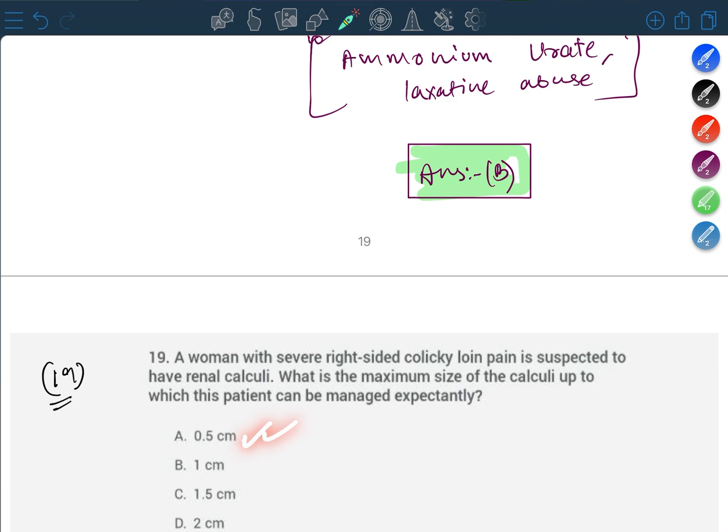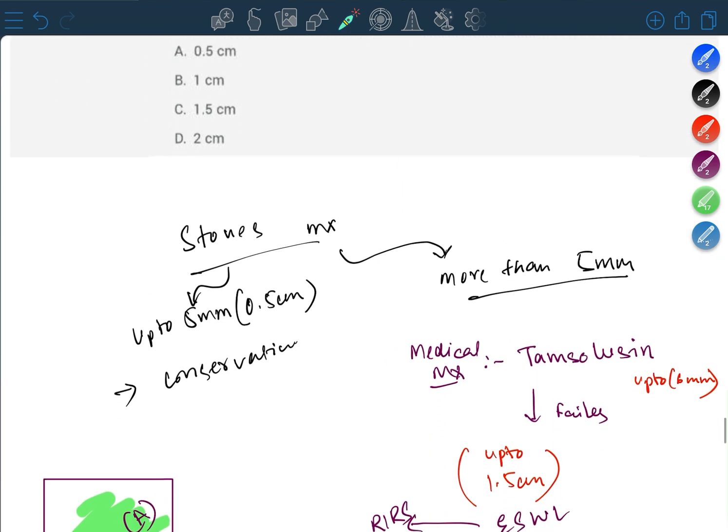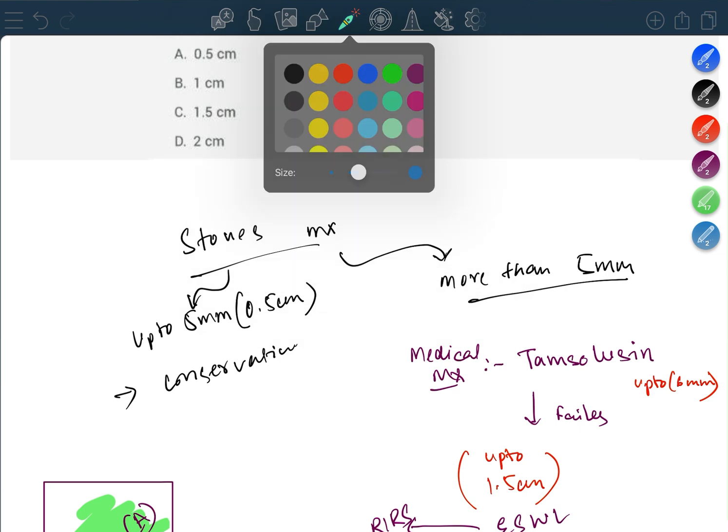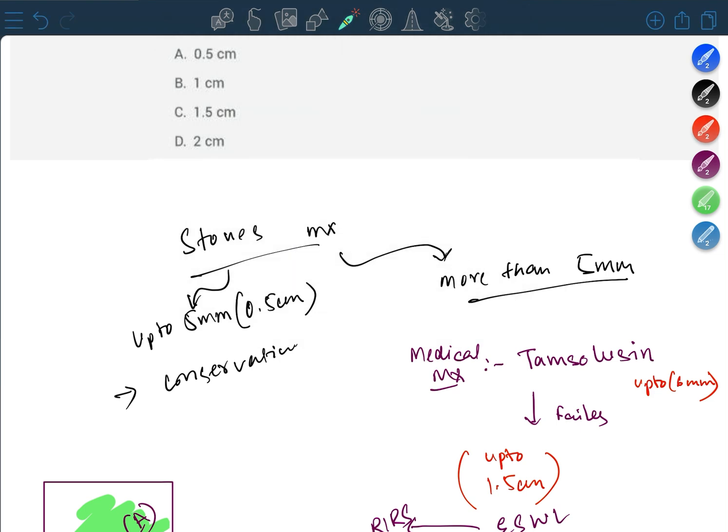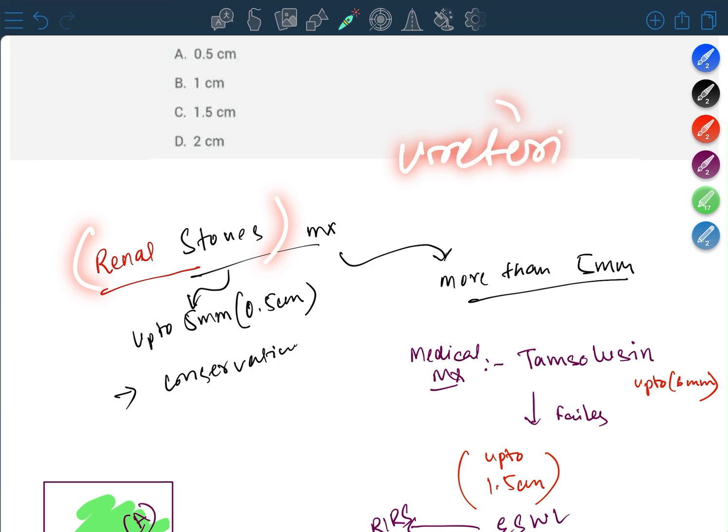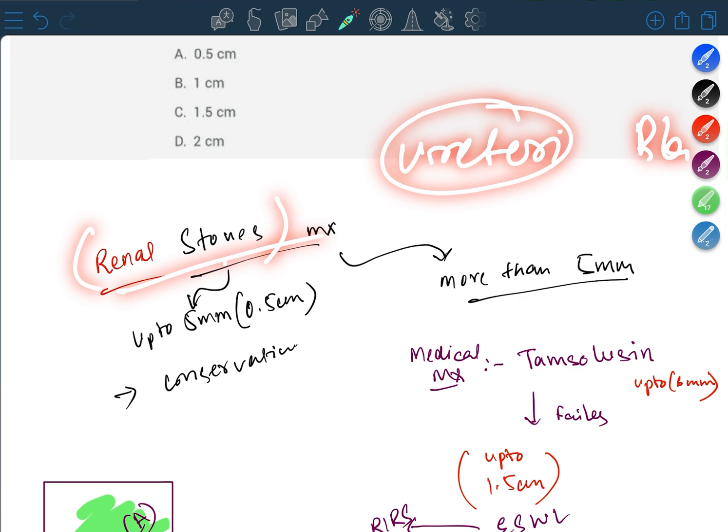Now let us study how we will manage renal stones. There are renal stones, ureteric stones in the ureter, and bladder stones. For renal stone management, up to 5 mm is conservative management.